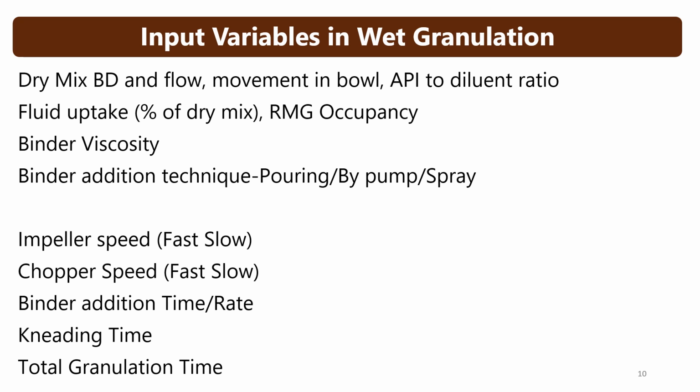Generally 20 to 40% fluid uptake is taken, and fluid uptake depends on the composition. Then RMG occupancy. RMG occupancy is required to be calculated based on the bulk density of the dry mix material, and the occupancy should be fixed for scale up so that there will not be any surprise of mixing or demixing.